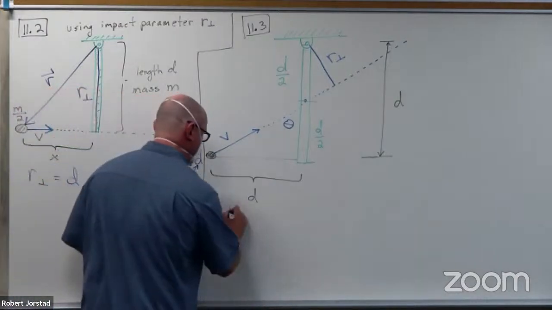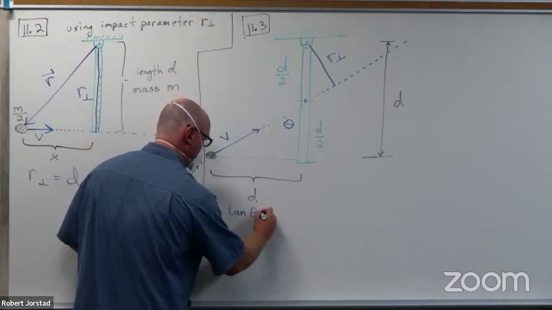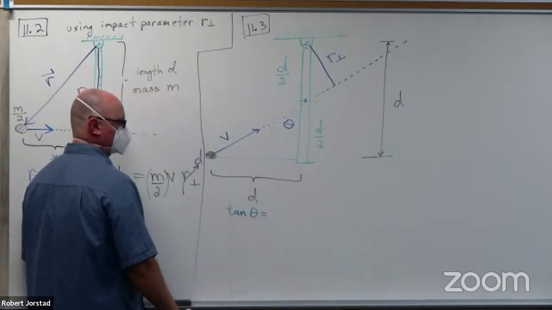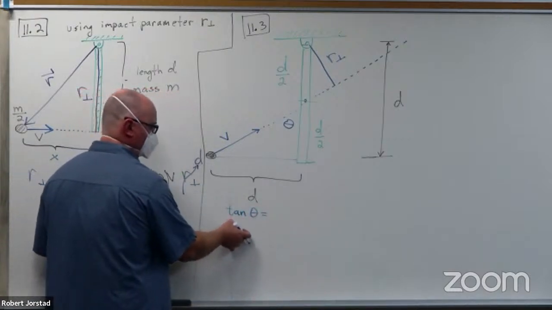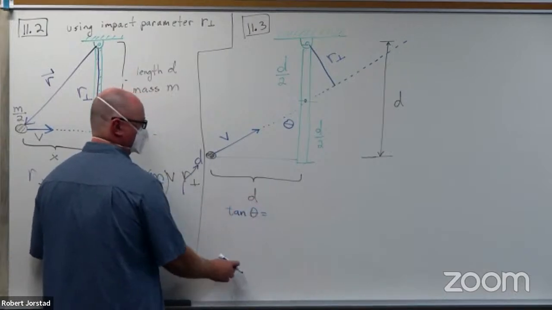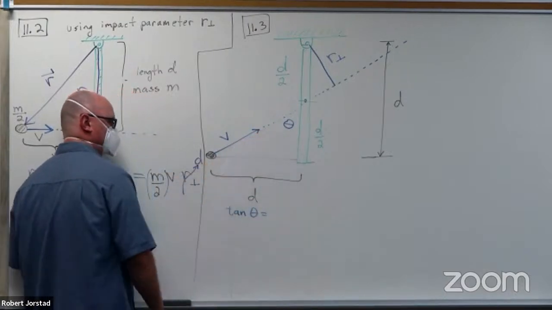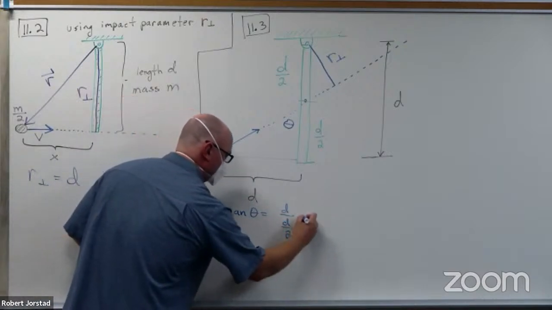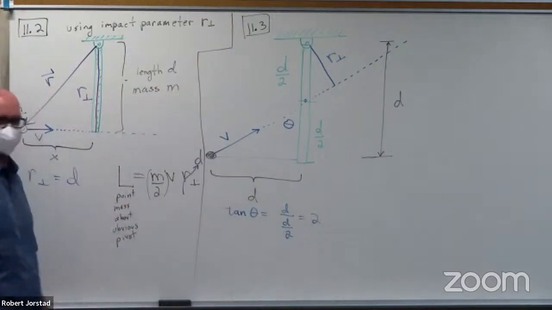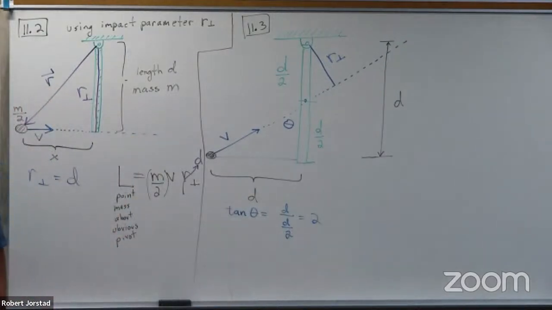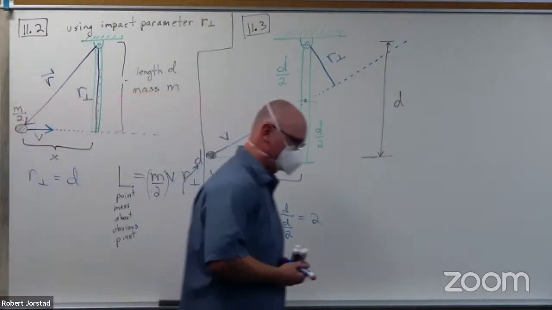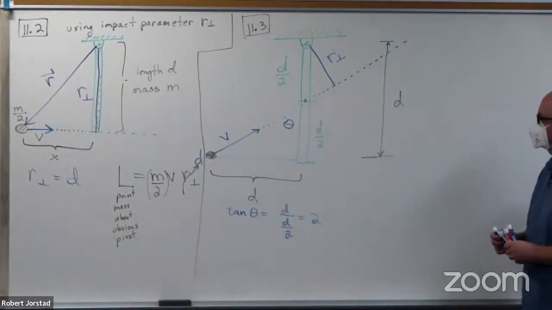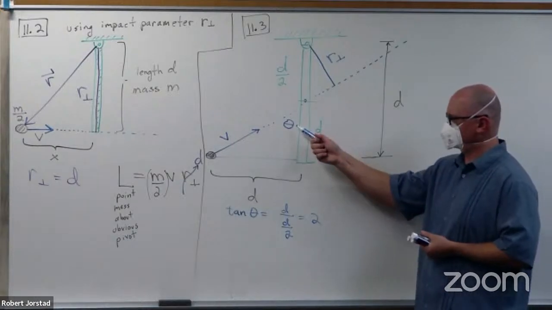TOA. So tell me what tangent of theta equals. What's opposite? Do you agree that's just 2? In theory, we know tangent theta is 2 now. You can figure out the angle if you needed it. Why is that useful? What can I do next?